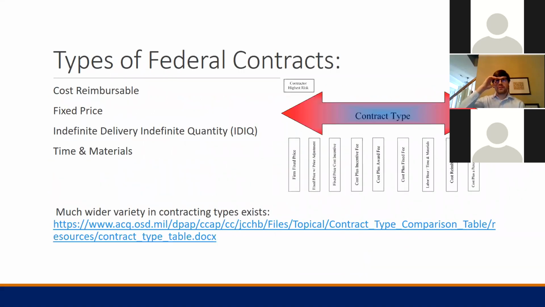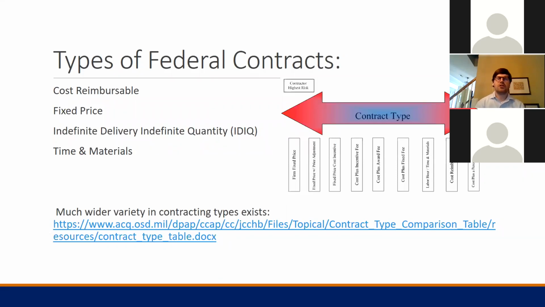So let's shift gears, unless anyone has any questions on those distinctions on the array of different federal contracts, and specifically focus on what we see as research administrators. The primary ones that I'm going to focus on as far as the payment types within a contract are cost reimbursable or fixed price, which is the classic distinction in sponsored research.